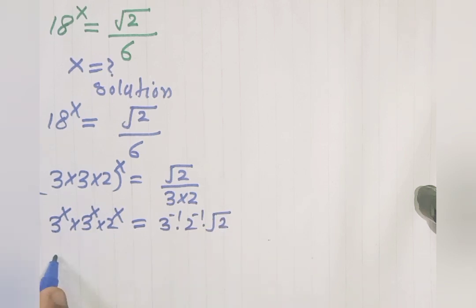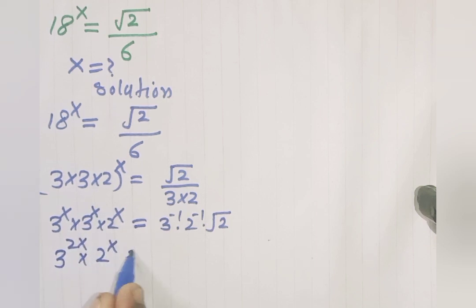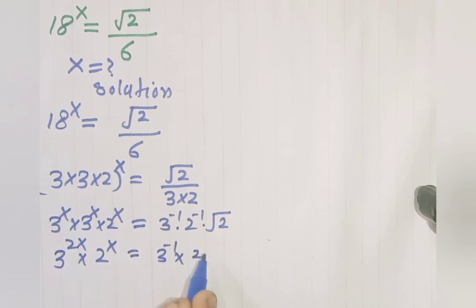Here the bases are the same, so this becomes 3 power 2x into 2 power x is equal to 3 power minus 1 into 2 power minus 1 into 2 power 1 over 2. Square root 2 I can write as 2 power 1 over 2.